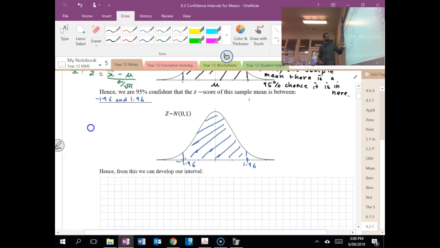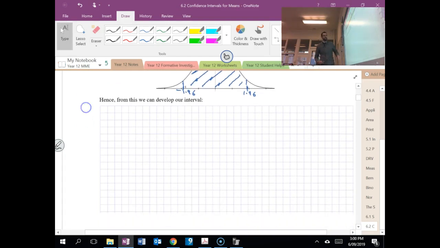So what I can do is say that Z, where Z is the Z score of my sample mean, is less than or equal to 1.96 and more than negative 1.96.